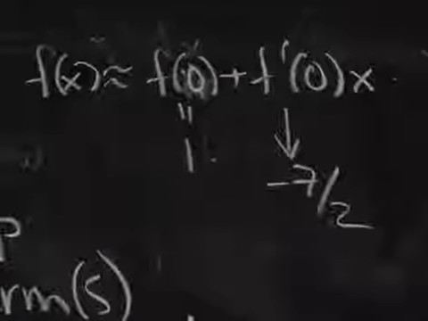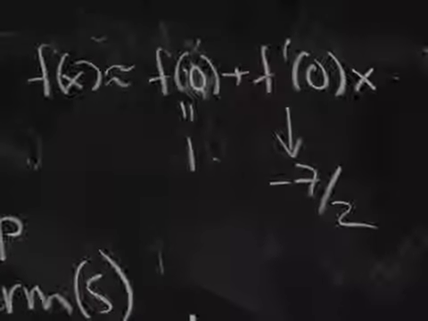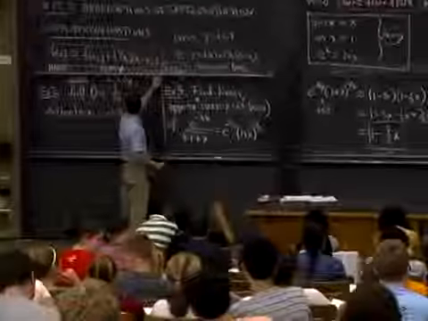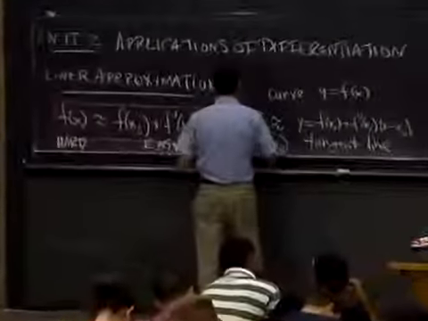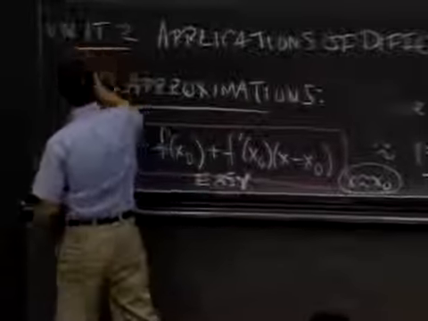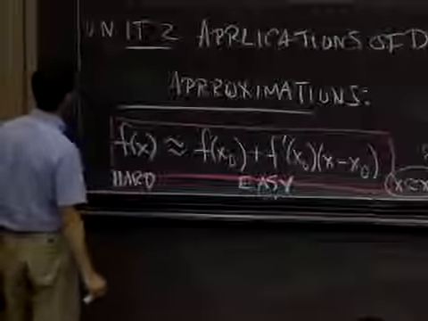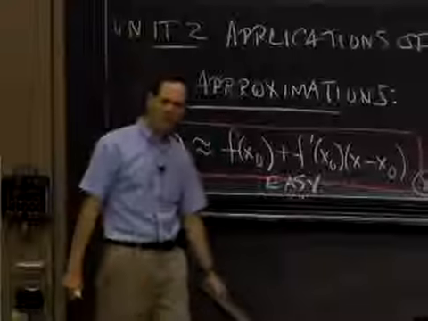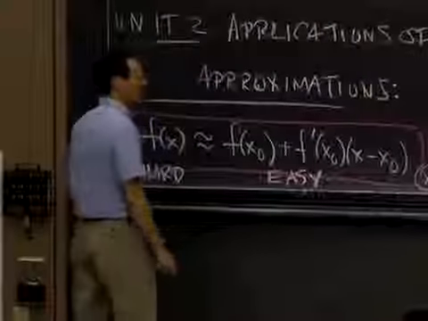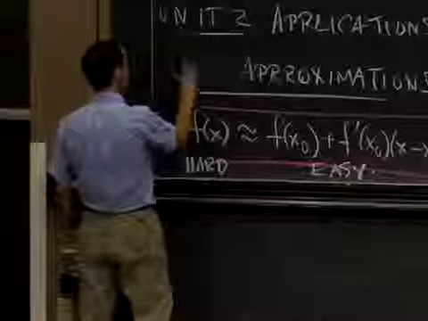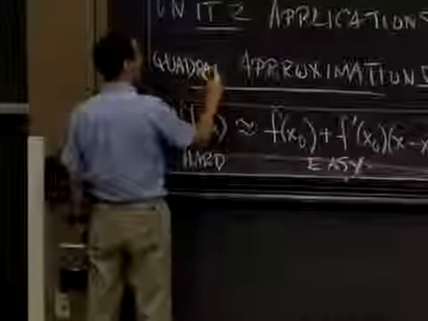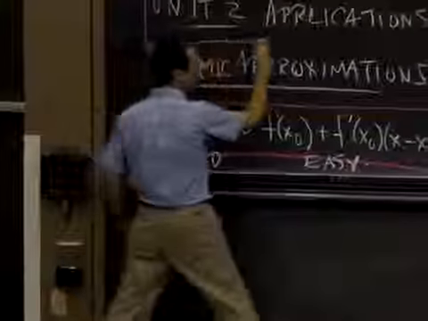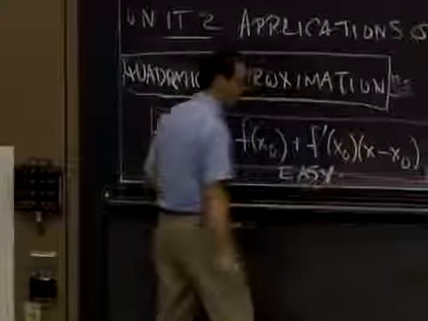All right, so now I want to go on to quadratic approximation. And now we're going to elaborate on this formula. That should have been linear approximation. Okay, so that was wrong. But now we're going to change it to quadratic. So suppose we talk about a quadratic approximation here.